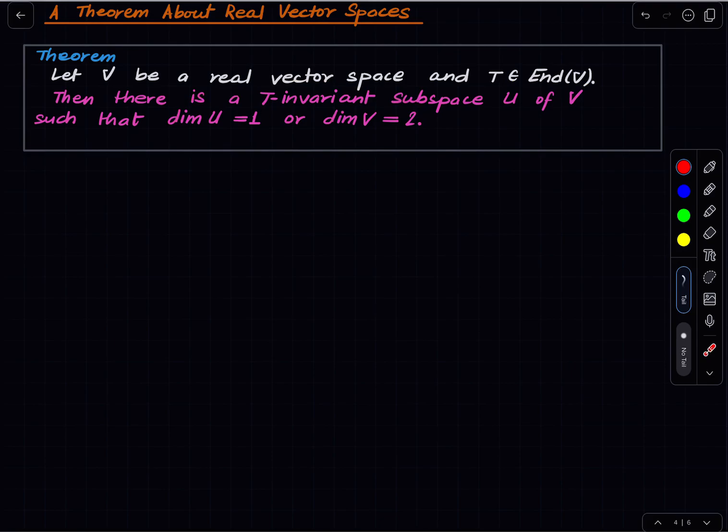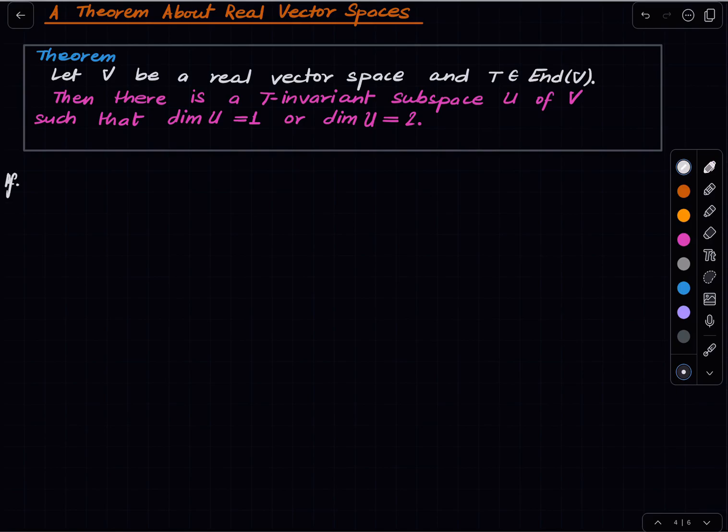In the case of complex vector spaces, we showed that every endomorphism on a complex vector space has an eigenvalue, which is the same as saying that it has a one-dimensional invariant subspace. Here we have something weaker, but not very weak. We are able to show that there is a T-invariant subspace of dimension at most 2. Okay, at most 2, but at least 1.